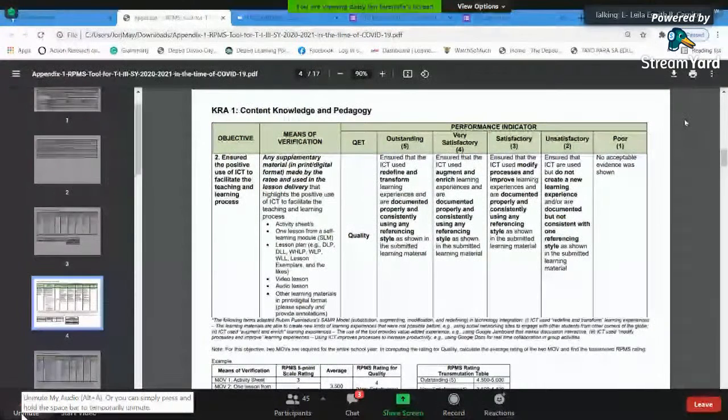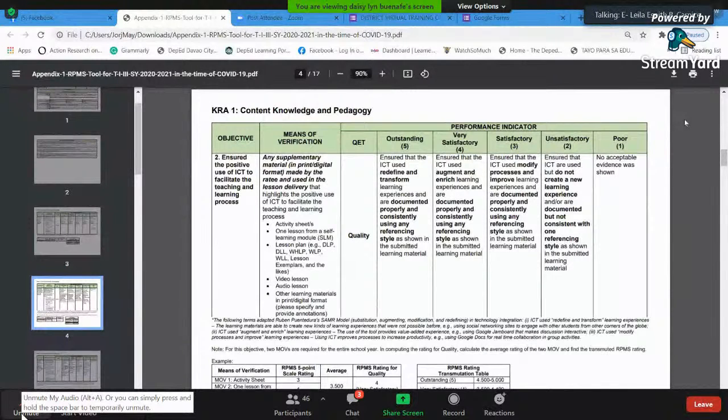And then, kung halimbawa ang imuhang detailed lesson plan during your class observation, nag-focus sa positive use of ICT, then you can use that detailed lesson plan. Or yung video lesson nimo, pwede nimo i-share sa imong rater, ipapaminaw nimo, or audio lesson and other learning materials.